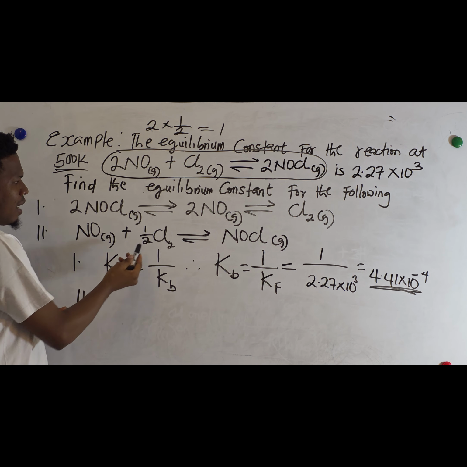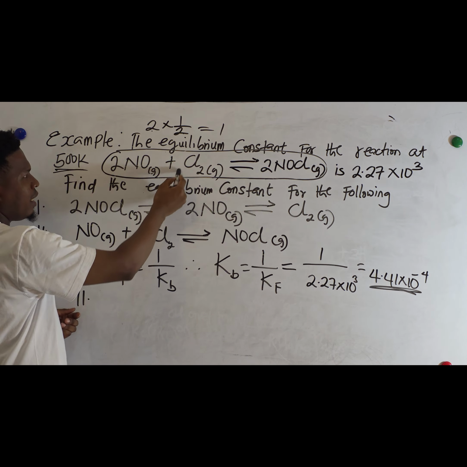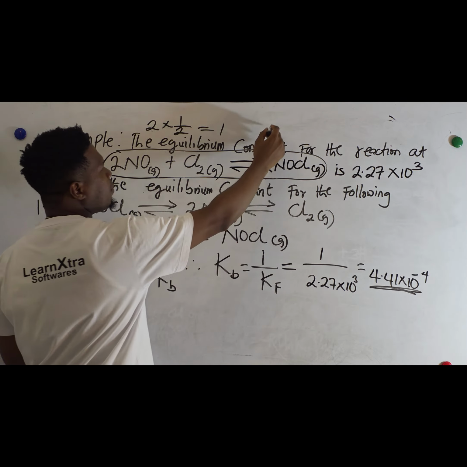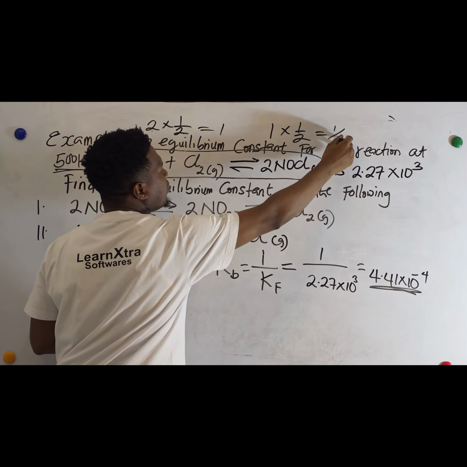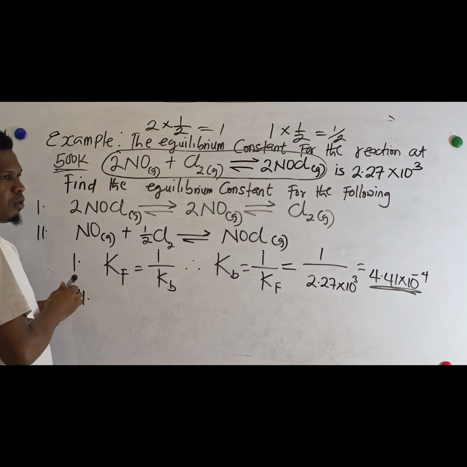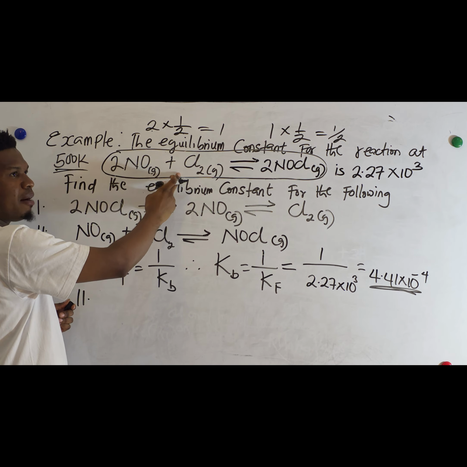Okay? Now, how did half come into this place? There was 1 here. The only way you can convert this 1 to half is to multiply 1 times half. It will give you half. So it means that the half that was gotten here is because this one here was multiplied by half.